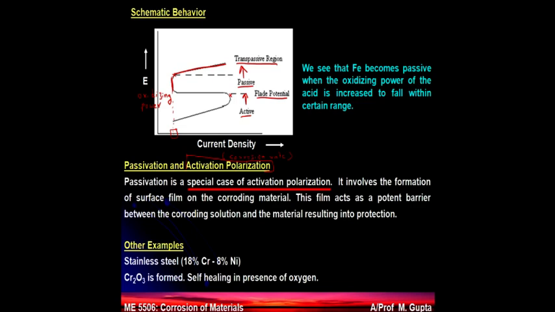So basically, in the case of passivity, you have a metal and you have a solution here which wants to react with this, and activation polarization is controlling the interfacial reaction. So with passivation, you create a protective layer on the surface of your metal or component.